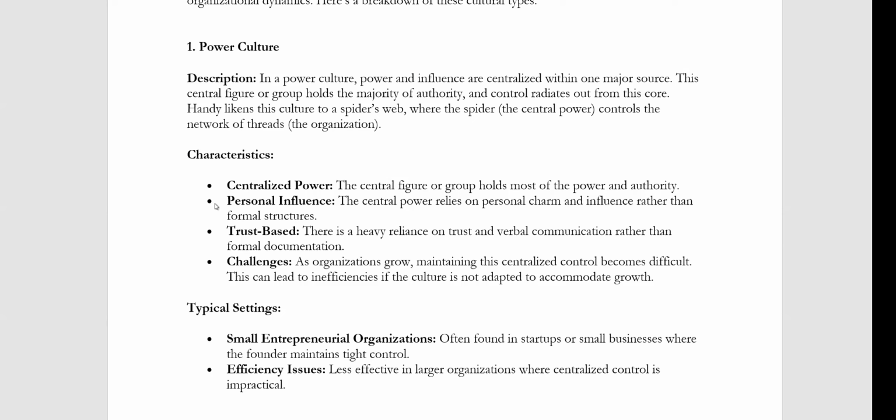Then the personal influence, that is, the central power relies on personal charm and influence rather than formal structures. So Ron's business could be more of a power culture. Have you noticed? Everything is centered around one individual. True or false? Very true. And then there's a heavy reliance on trust and verbal communication rather than formal documentation.